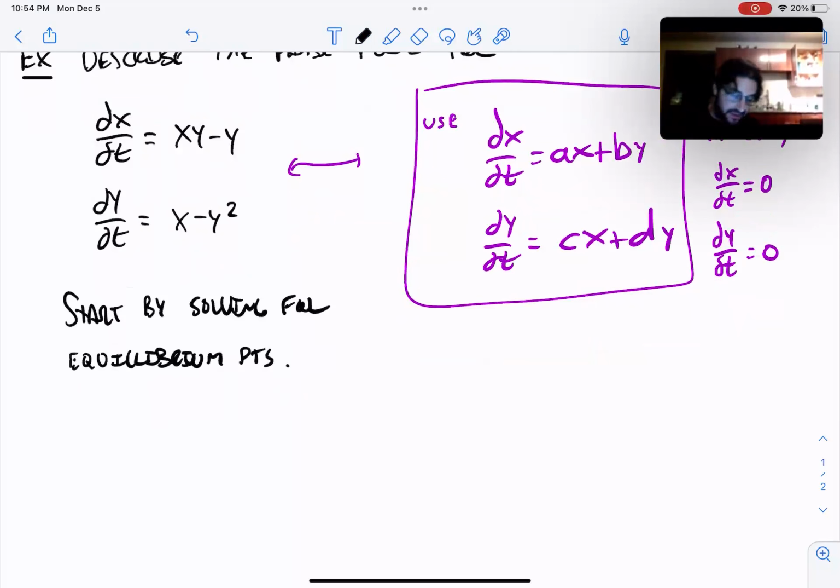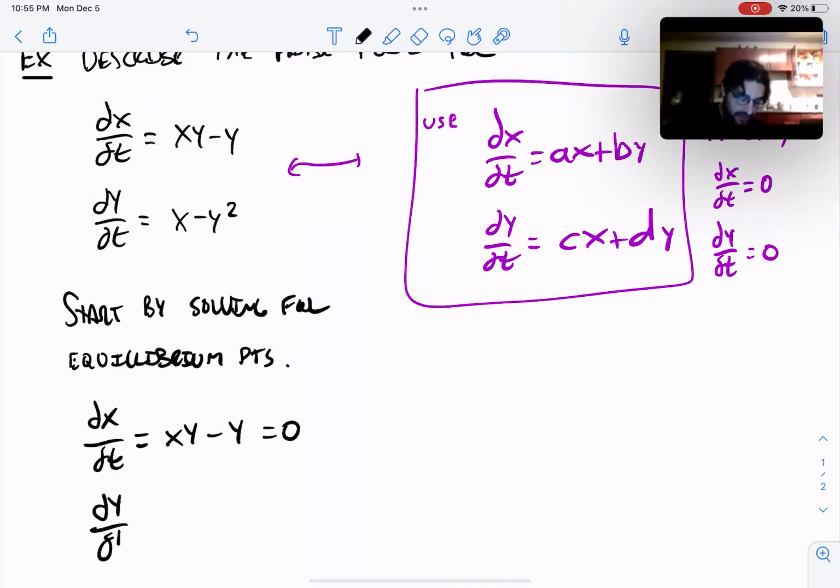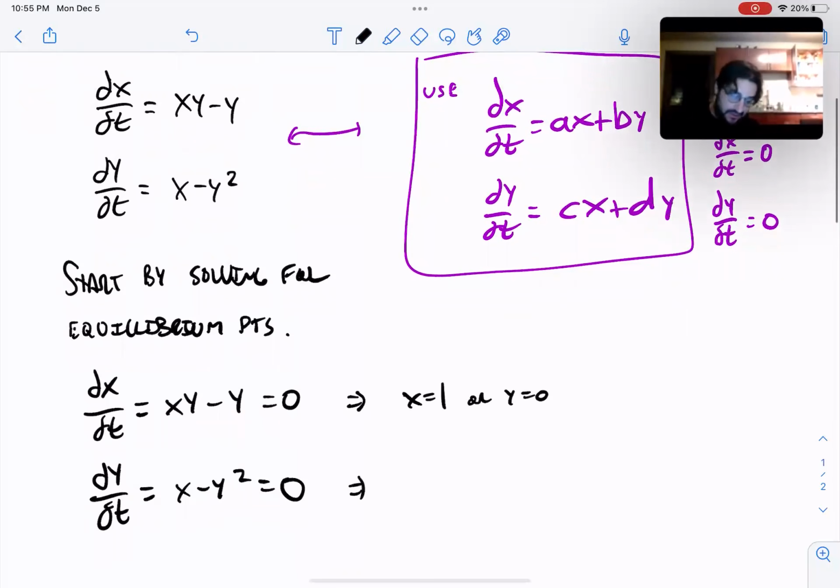So how do I solve for equilibrium points? I want dx dt to be 0, and dy dt I also want to be 0, right? I want these two derivatives to simultaneously be 0. From the first equation, I get that x minus 1 is 0, or y is 0. And then in the second equation, I get that x equals y squared.